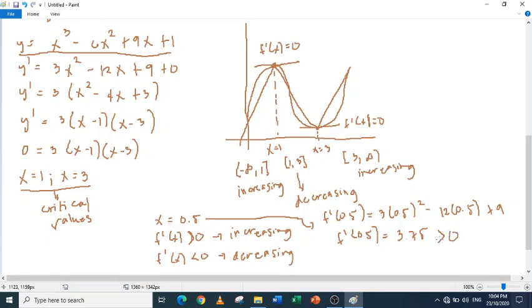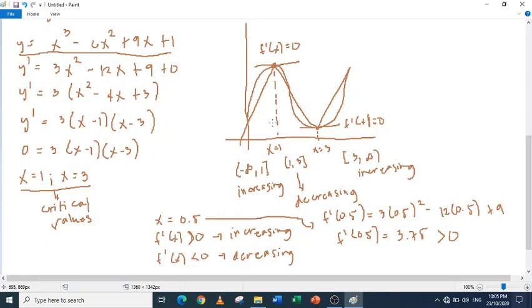So, meaning, any value less than 1, we have a positive slope, meaning increasing yung function natin at this given interval.